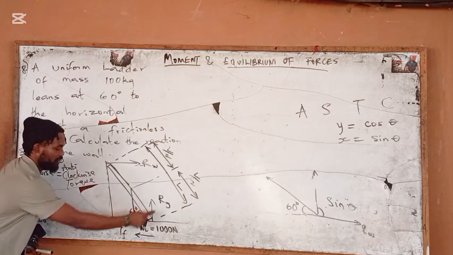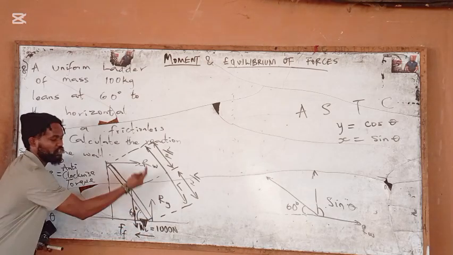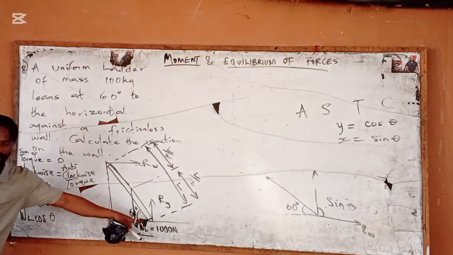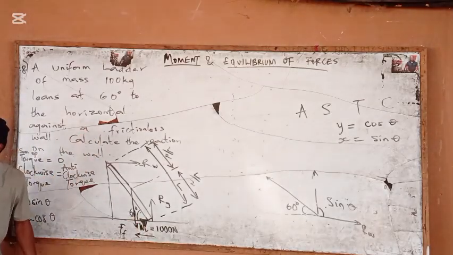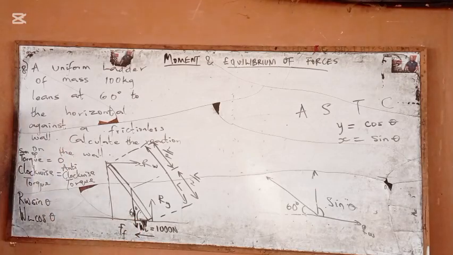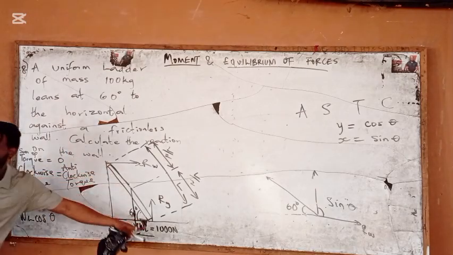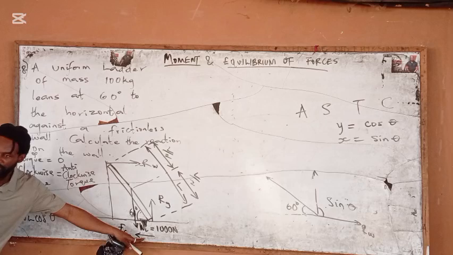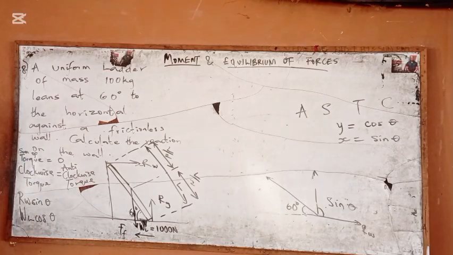Because these two, the friction and the reaction on the ground, we made our fulcrum, because they are at the same point. That is, we are directing all the forces to these points. Remember our shortcut. Now we consider which one is the clockwise moment and which one is the anti-clockwise moment.